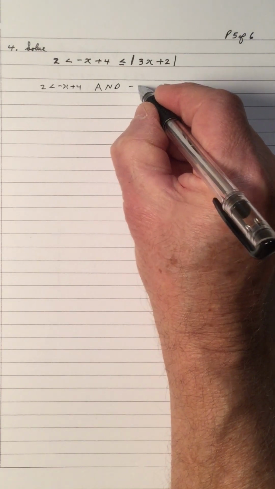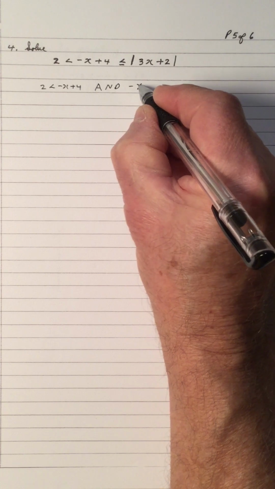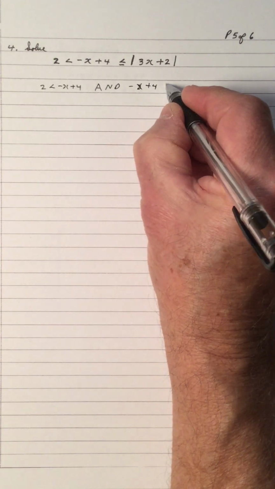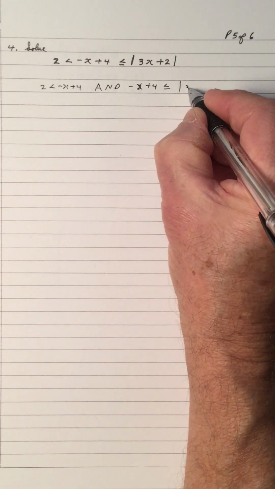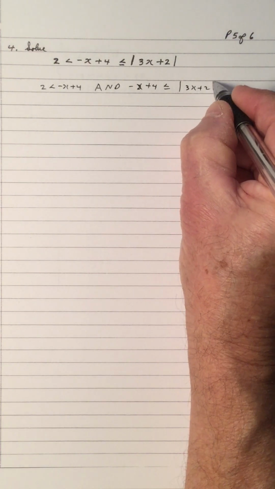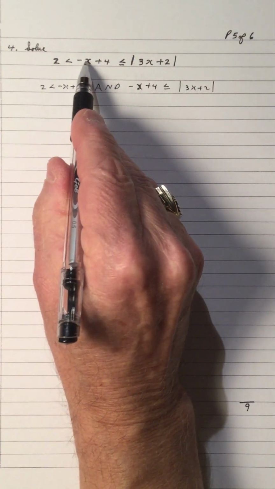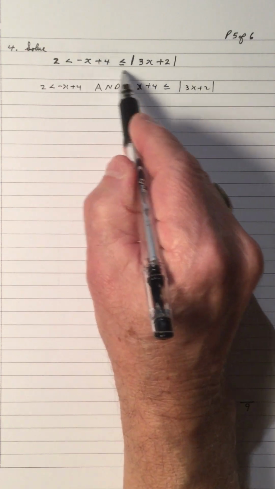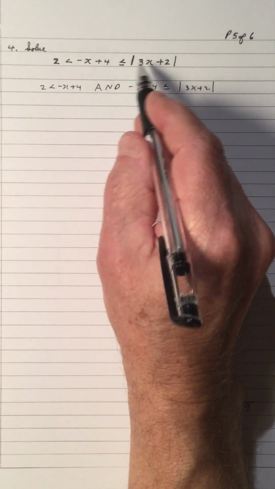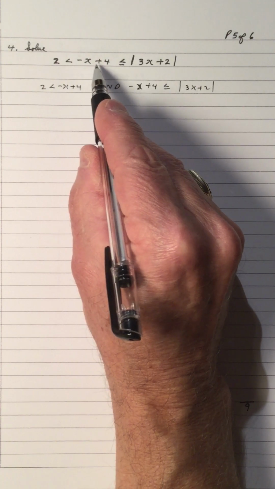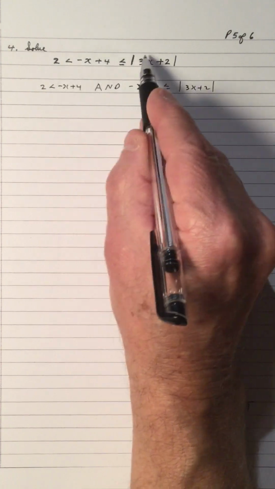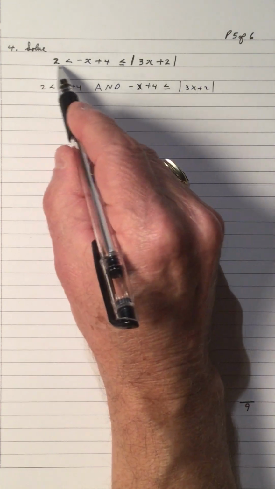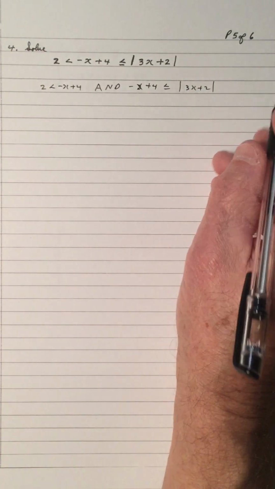We have negative, better be careful, negative x plus 4 is less than or equal to the absolute value of 3x plus 2. So this is in between the 2, so we have one side right here, and this is the other one here, and there's an and, because the numbers we picked have to satisfy this one and this one, both of these and both of these.